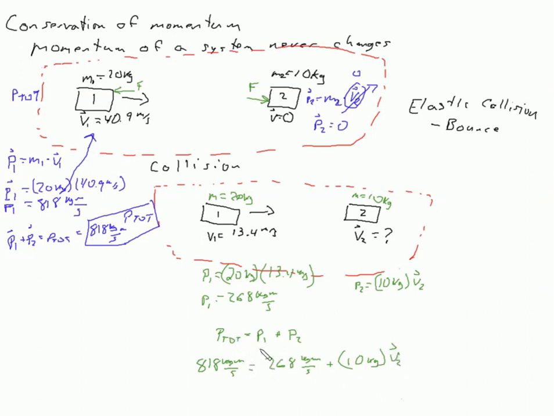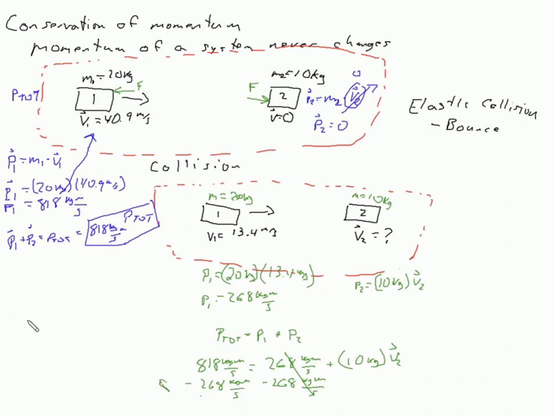So if I want to move this 268 kilogram meters per second away, since it's being added here, I'm going to subtract out 268 kilograms meters per second. I do it over here, and I have to do it over here, so subtract 268 kilograms meters per second from both sides.